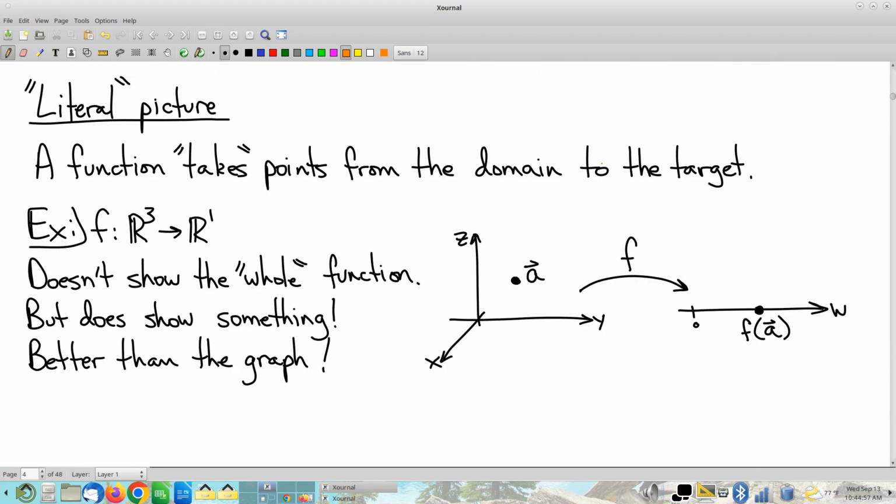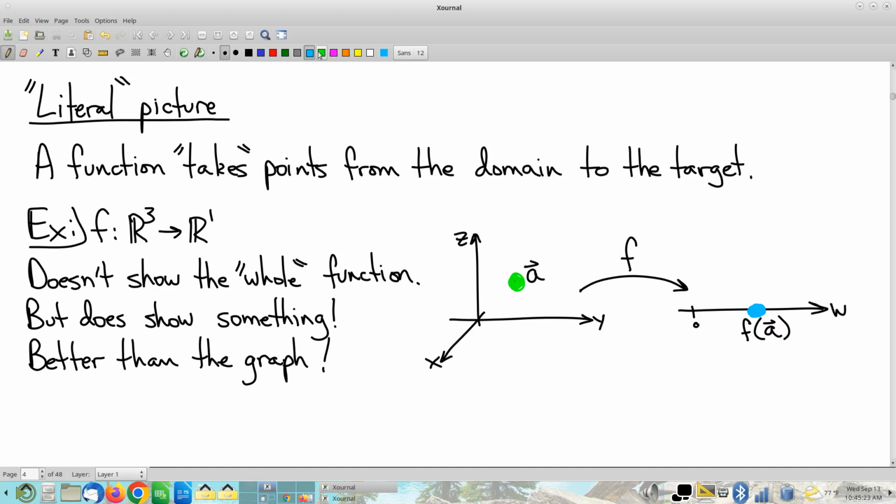So let's think about this point right here, A, and it's got its output value over here, f of A. And here's a reasonable take on how to give some representation of something that will be kind of familiar, perhaps. We'll say more words about this later, but something that's vaguely derivative-like.